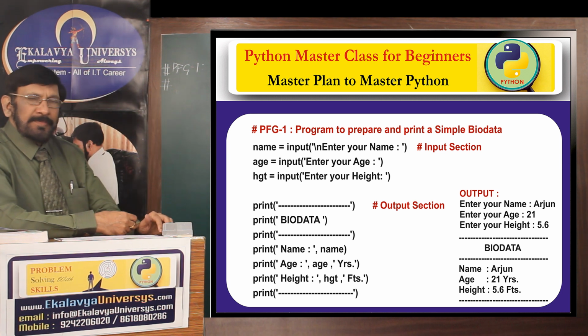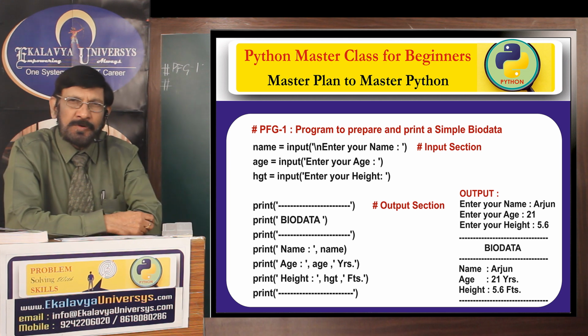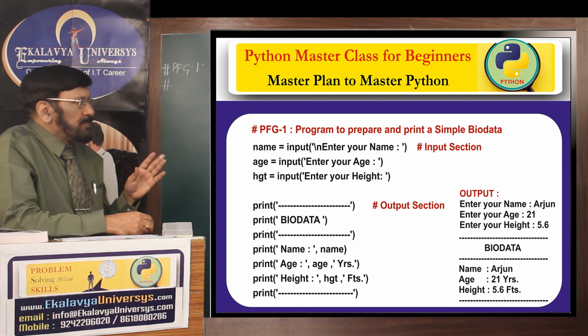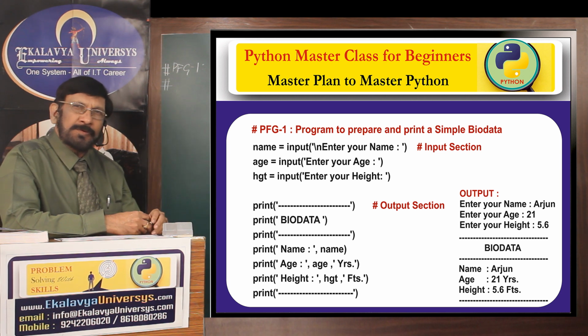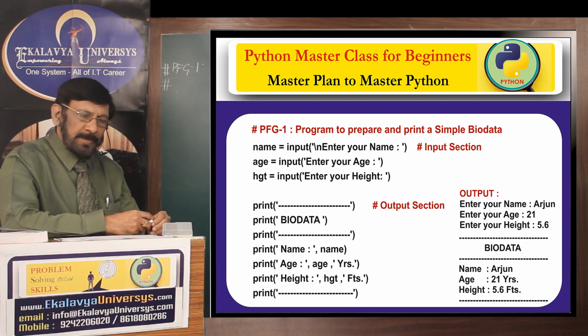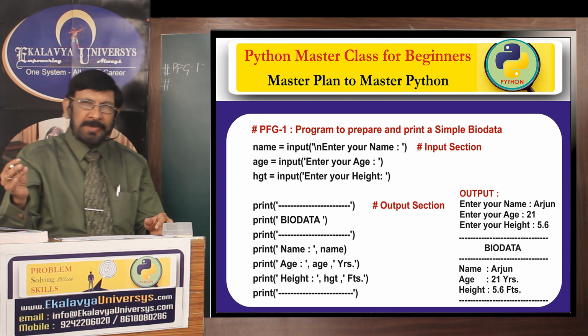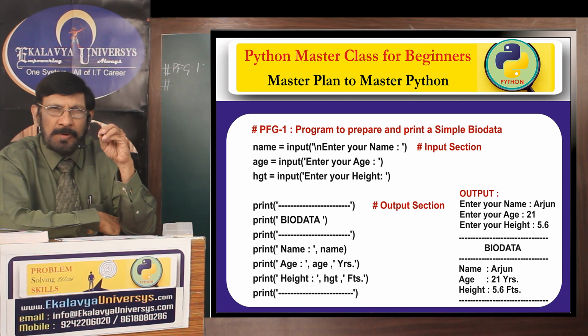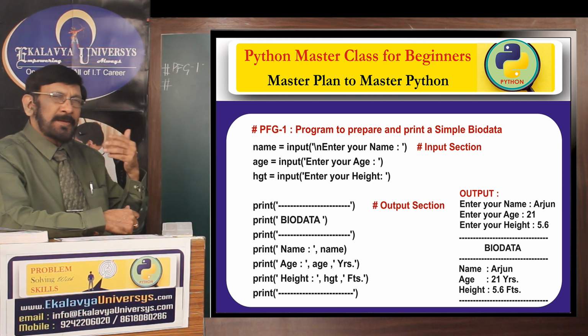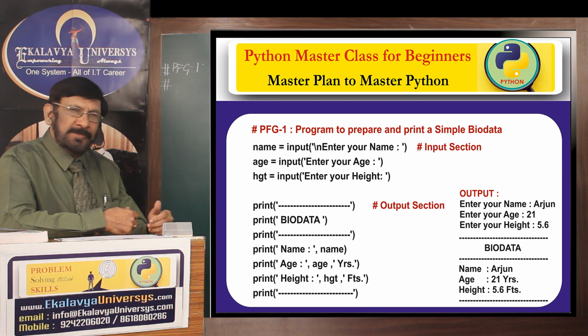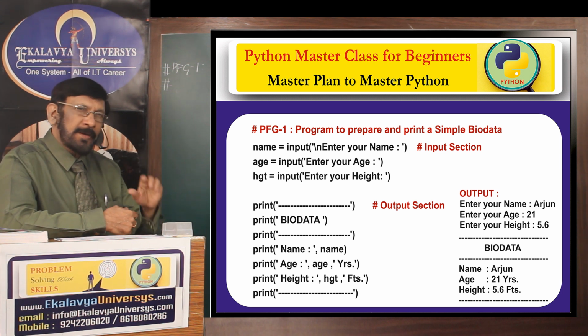Okay. Thereafter we have written input section. In input section we are reading the values into 3 variables. What are they? Name, age and height. Thereafter there is no processing here. Whatever input we make and store in the variables, that is displayed on the monitor screen in an elegant format, in a tabular form.